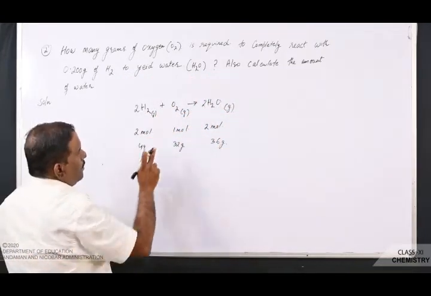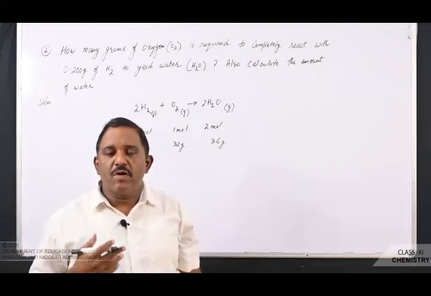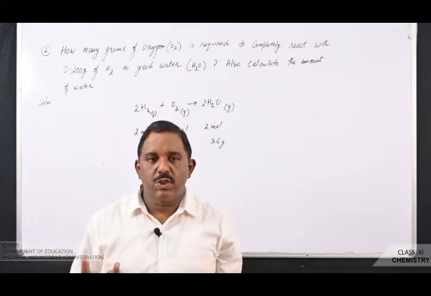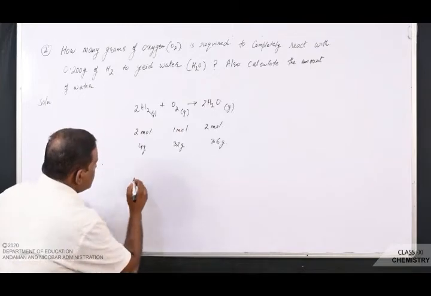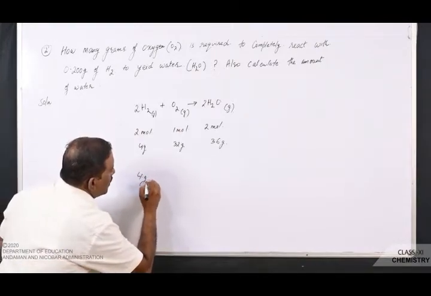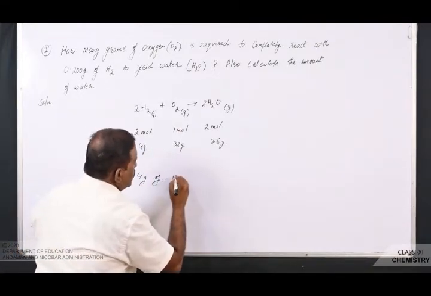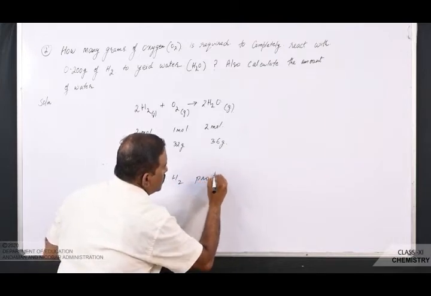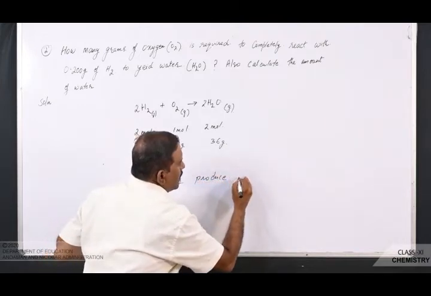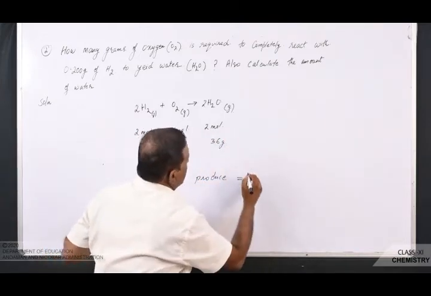Next, the second part that has been asked is the amount of water. Now again, 4 grams of H2 produces H2O equal to 36 grams. So I can write 4 grams of H2 produces 36 grams.